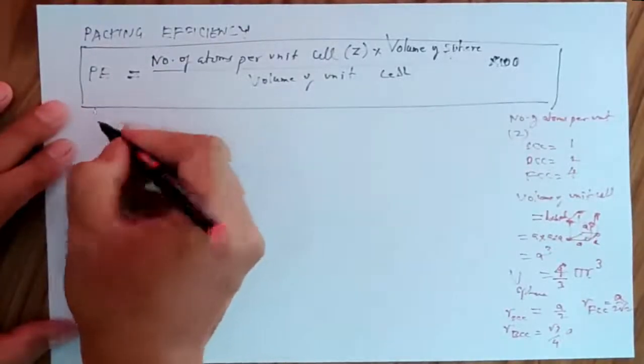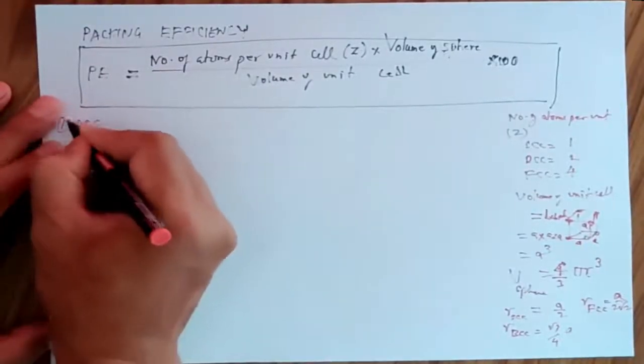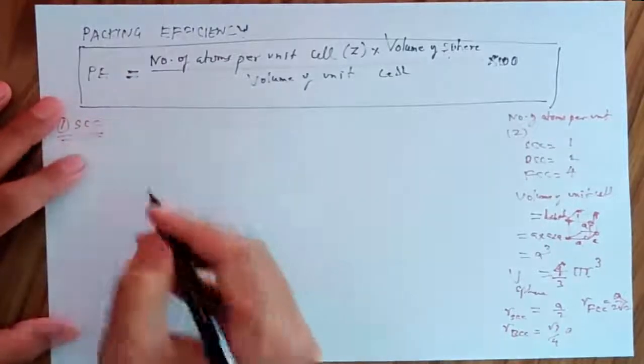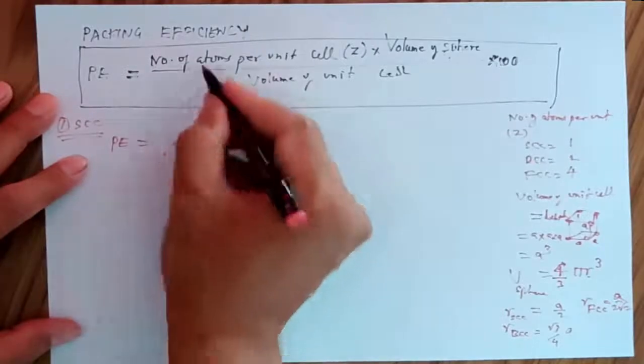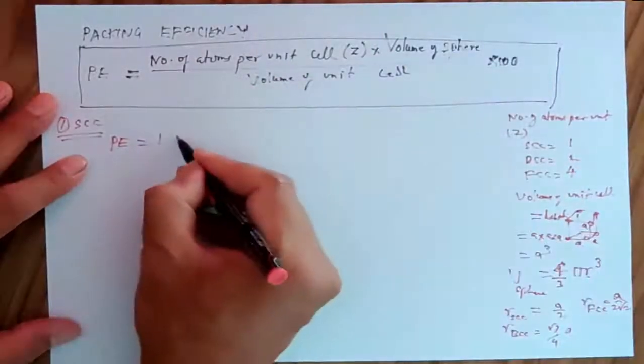Packing efficiency for SCC. Number of atoms per unit cell is 1.